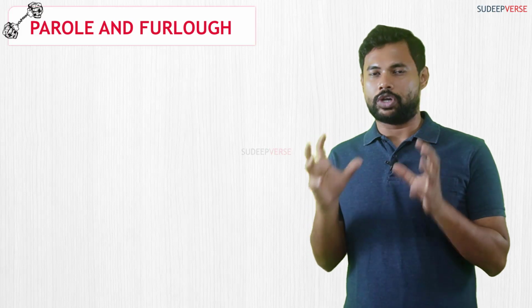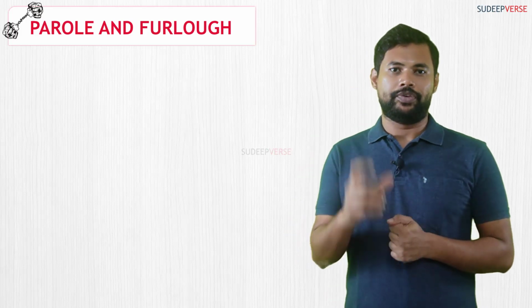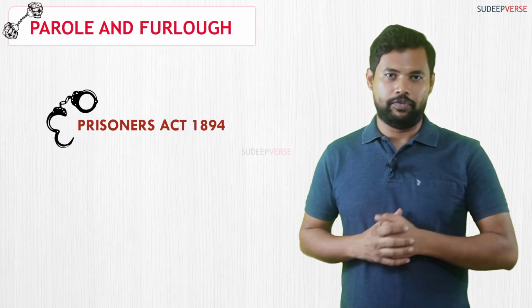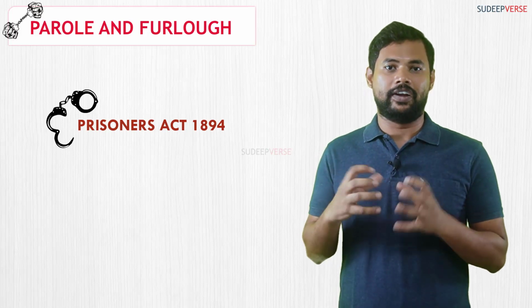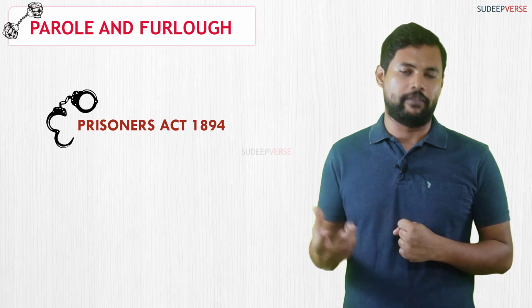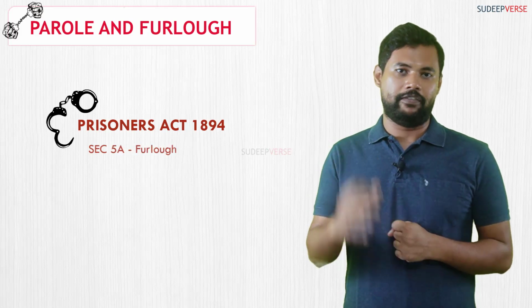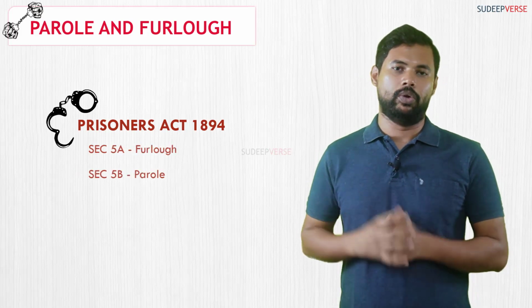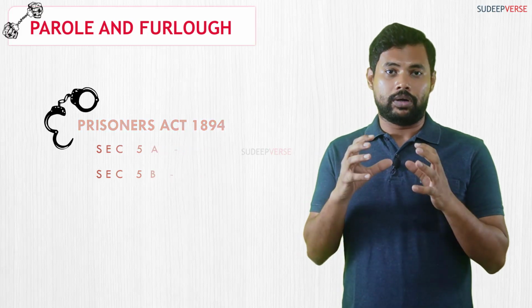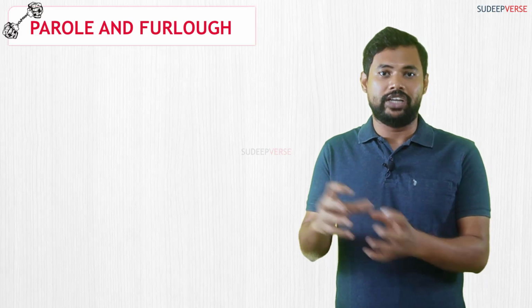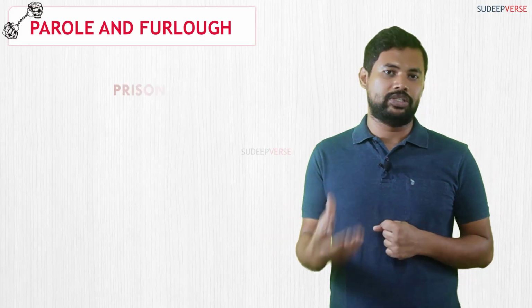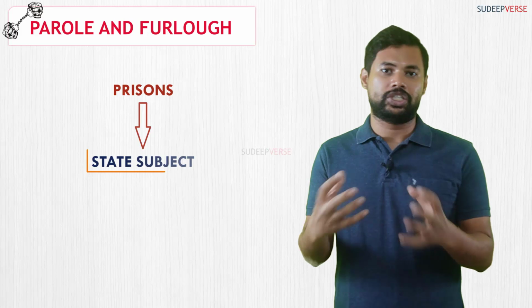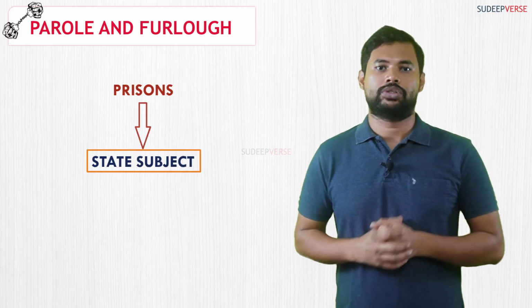Coming to the concept of parole and furlough, the Prisoners Act 1894 is the act that defines what is a parole and what is a furlough. Section 5A defines furlough and Section 5B defines parole. However, the conditions, that is the set period of time, change from state to state because prisons is a state subject and each state has made its own rules.